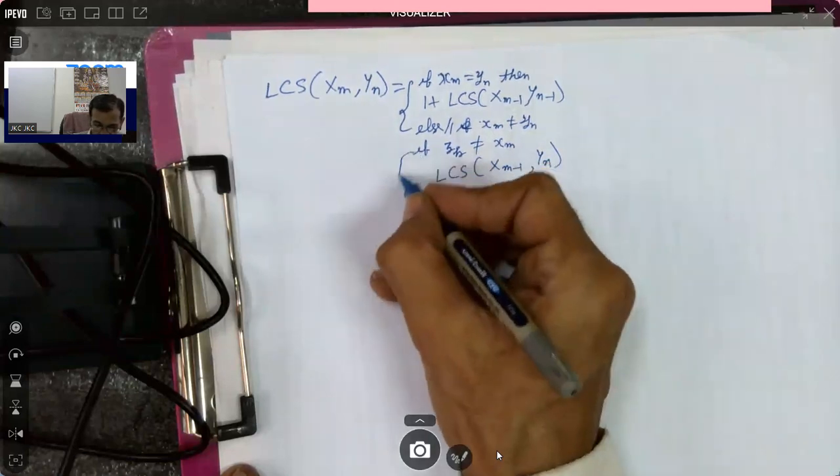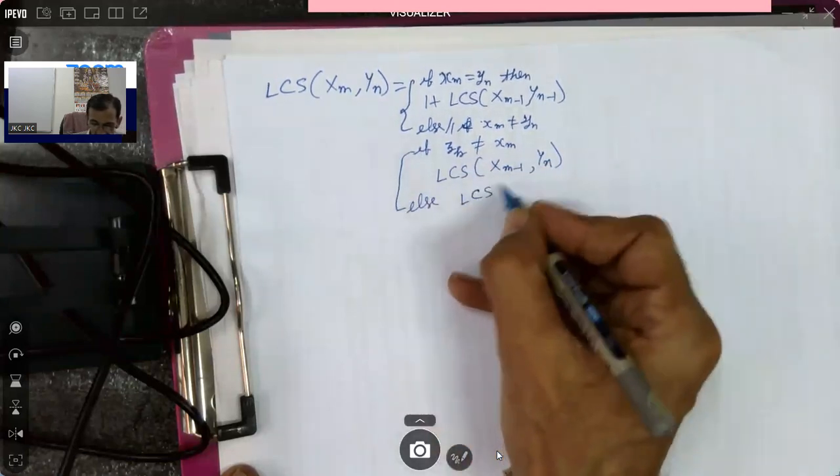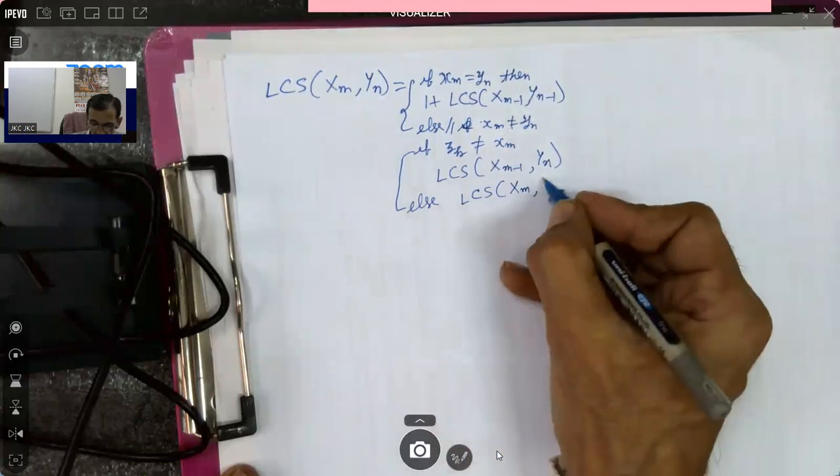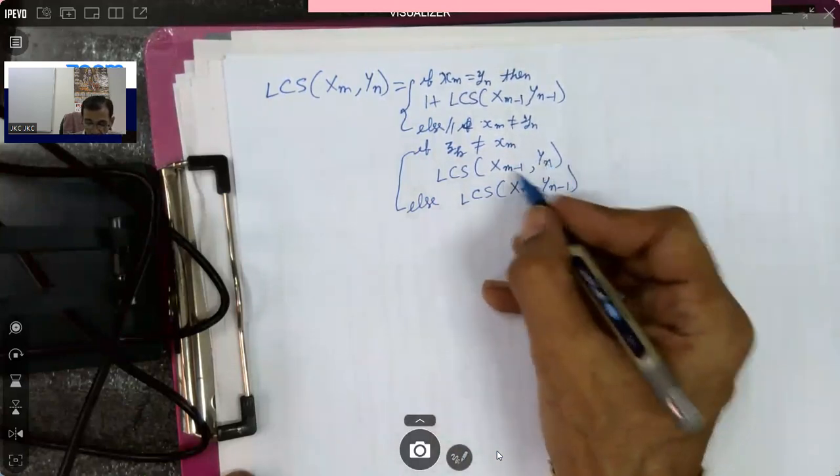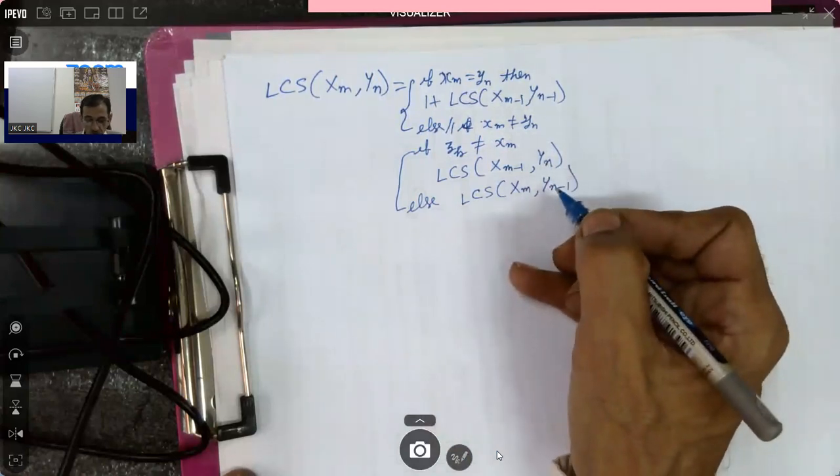Else it will be LCS of x remaining fully and y reduced by 1. Both ultimately reduce to smaller problems.